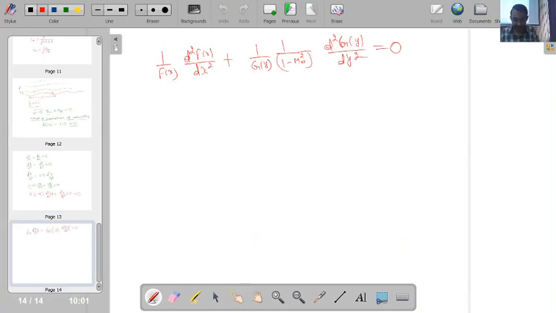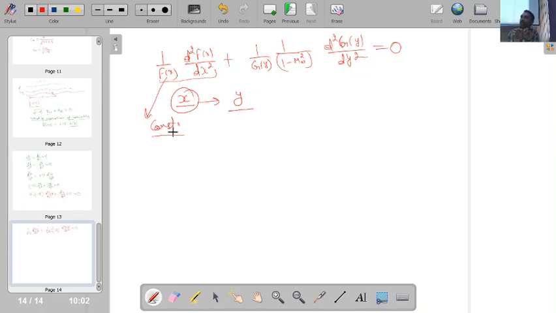Now let's say I fix x, that is, I am not varying x and I vary only y. In that case, what will happen? My first term, obtained at a particular value of x, will be constant.